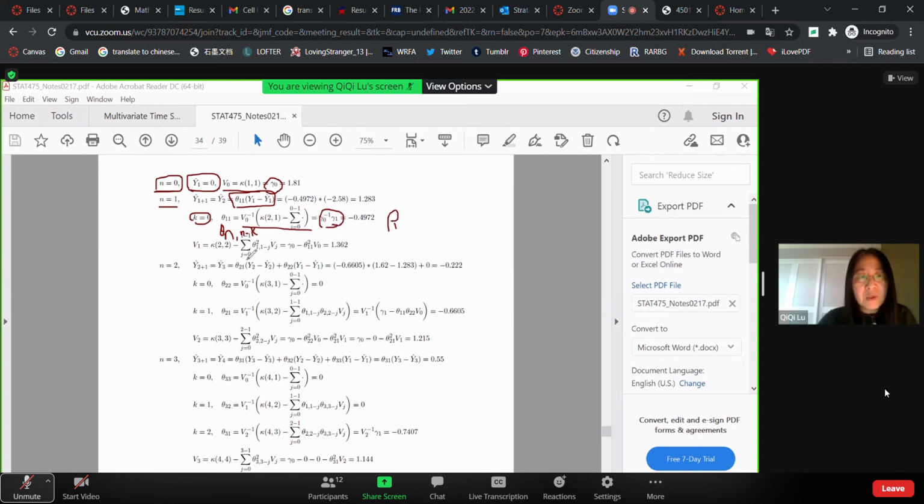And V1 is kappa 2, 2, so n plus 1, n plus 1. So that's kappa 2, 2 minus theta 1, so n minus 1 here, so we have two terms, right? The first one is 0, 0, so that's gamma 0.